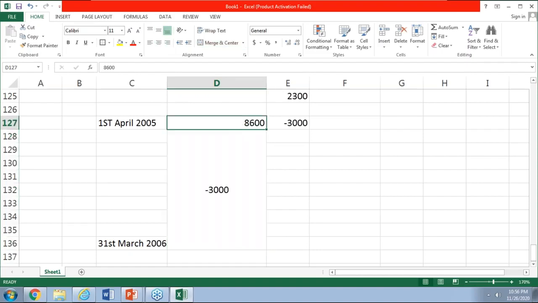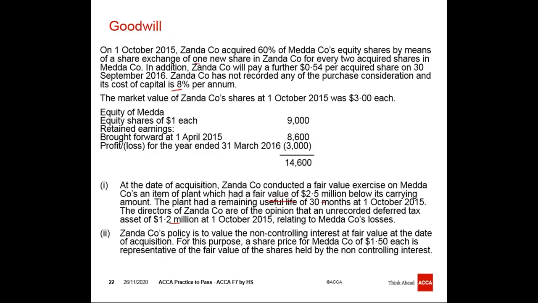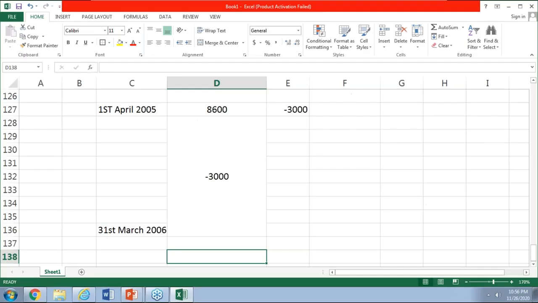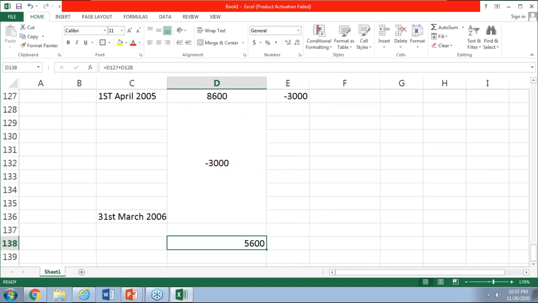The opening balance is 8,600, and the closing balance of the retained earnings will be this amount plus this amount. This is the closing balance of it.